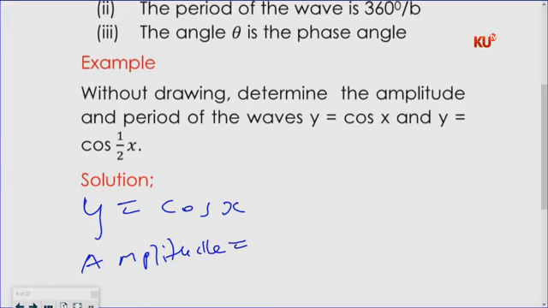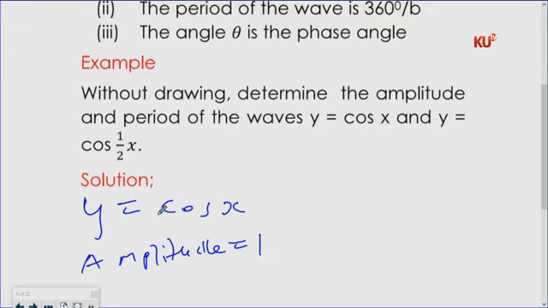We have said that to get the amplitude, you just look at the coefficient of x. There is a number here that is very silent, and that is 1. It's only that we can't write 1 cos x. So the amplitude will be 1.